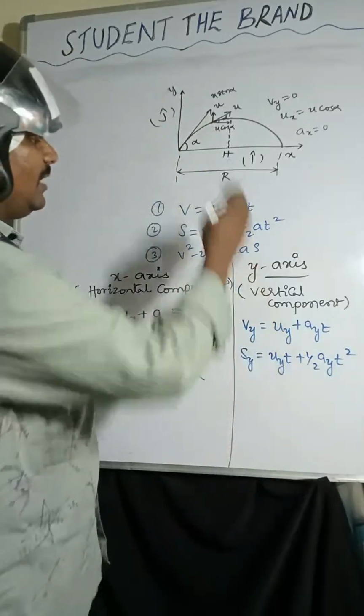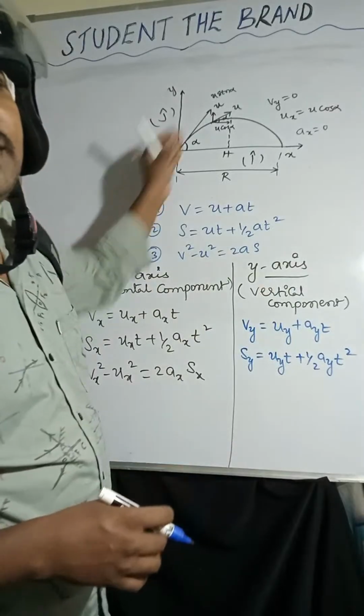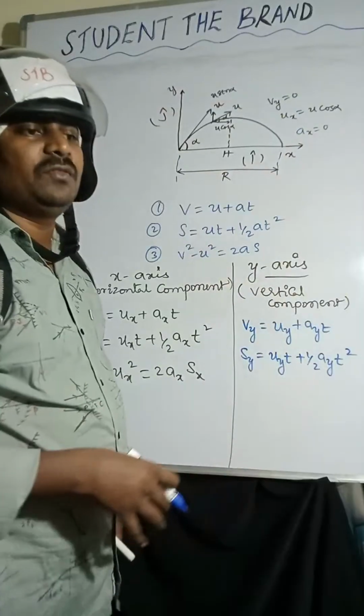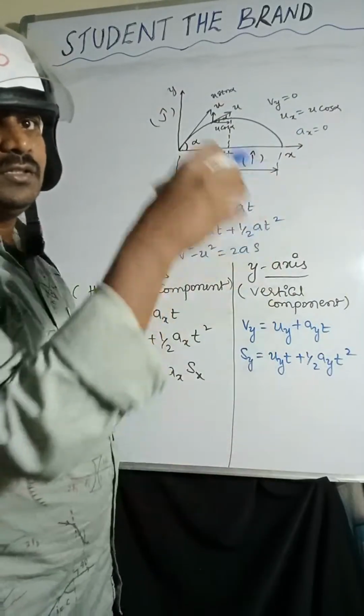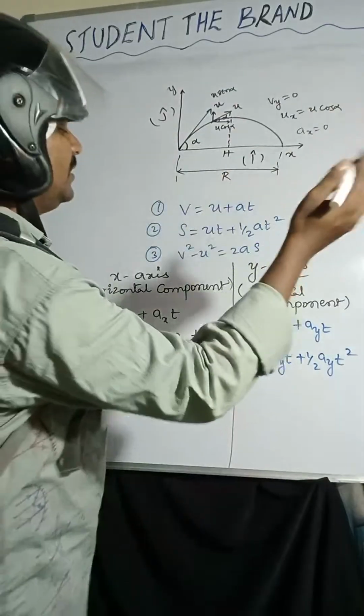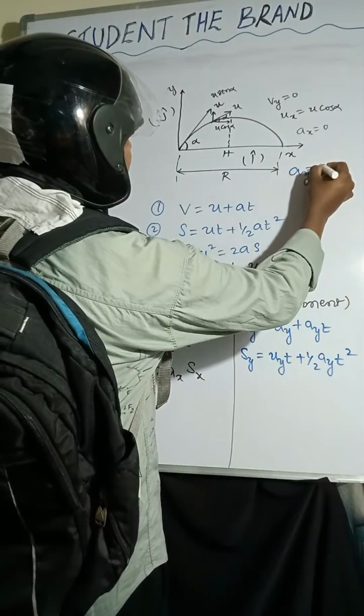Okay, ay is along the y-axis. If the object is moving in the upward direction, acceleration due to gravity always acts in the downward direction. So along the y-axis we take negative g.